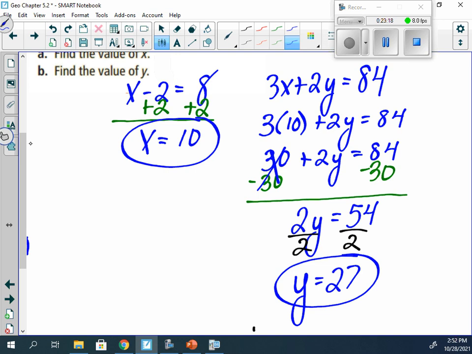Questions on this here? And that's all we have to do for these here, because it's really just matching up what parts are congruent and then solving for the x and y. Any questions on this here?